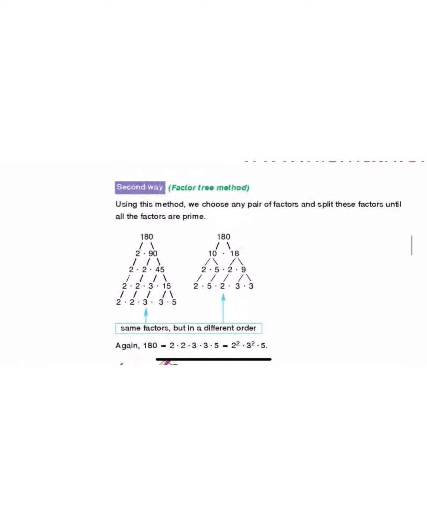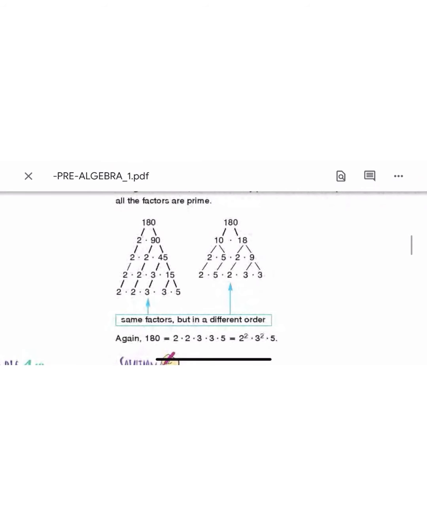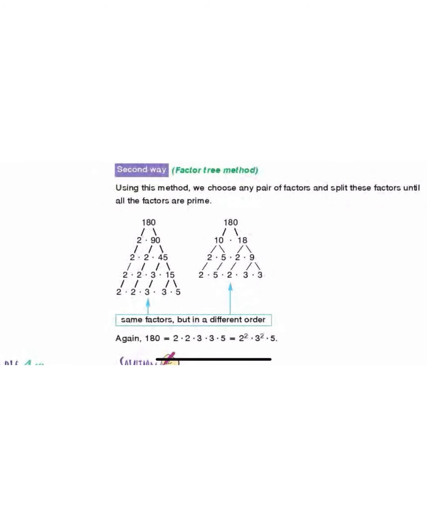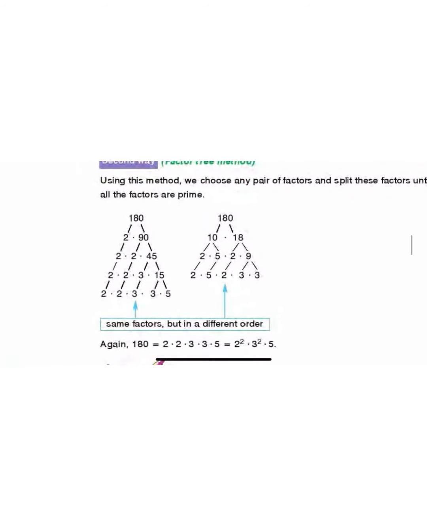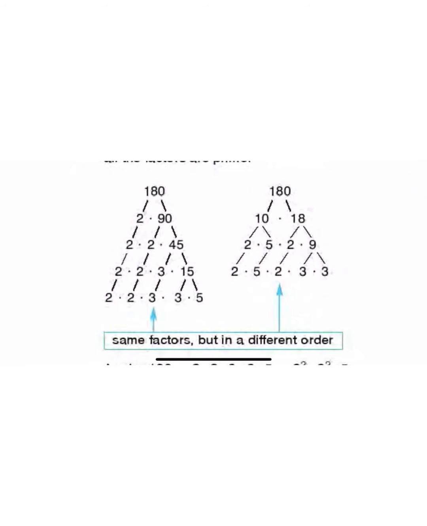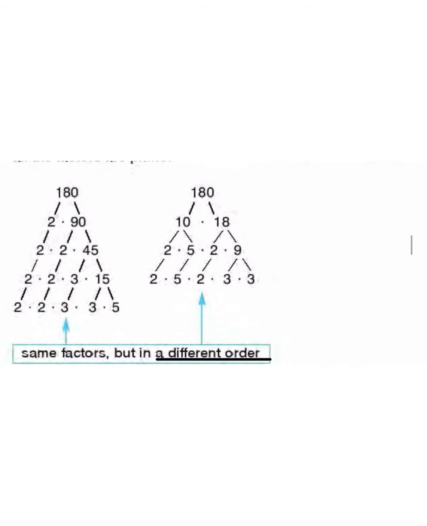Second method: using this method, we choose any pair of factors and split these factors until all the factors are prime. We split 180 into 2 and 90, or 10 and 18. 90 is 2 multiplied by 45, and here 10 is 2 and 5, 18 is 2 and 9.